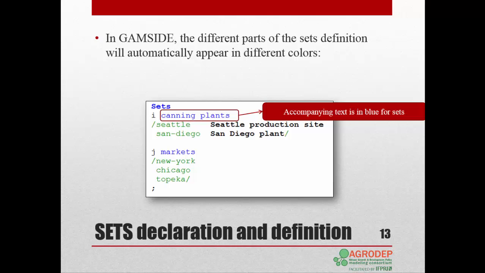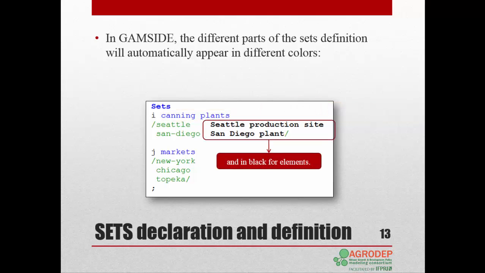Explanatory text for sets is in blue, and in black for elements. Do not be concerned if syntax colors appear differently in your GAMS editor. For example, the explanatory text for elements may appear in green instead of black.